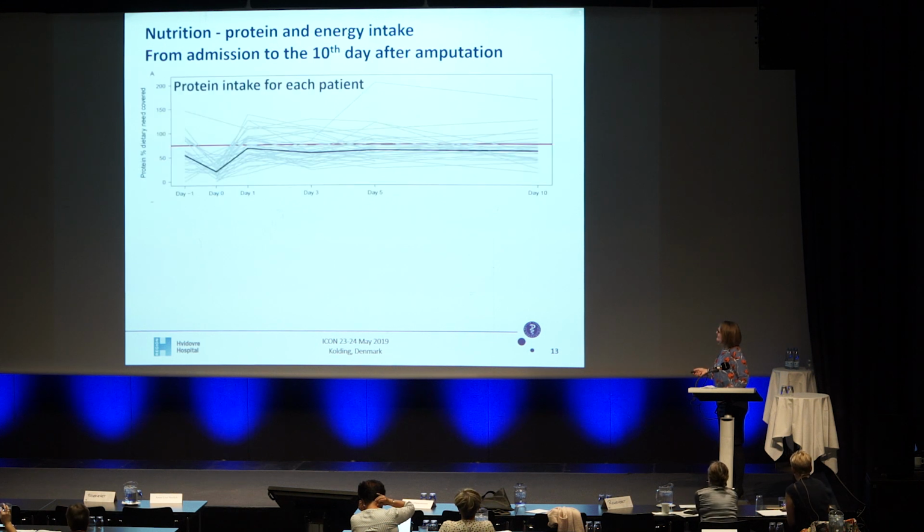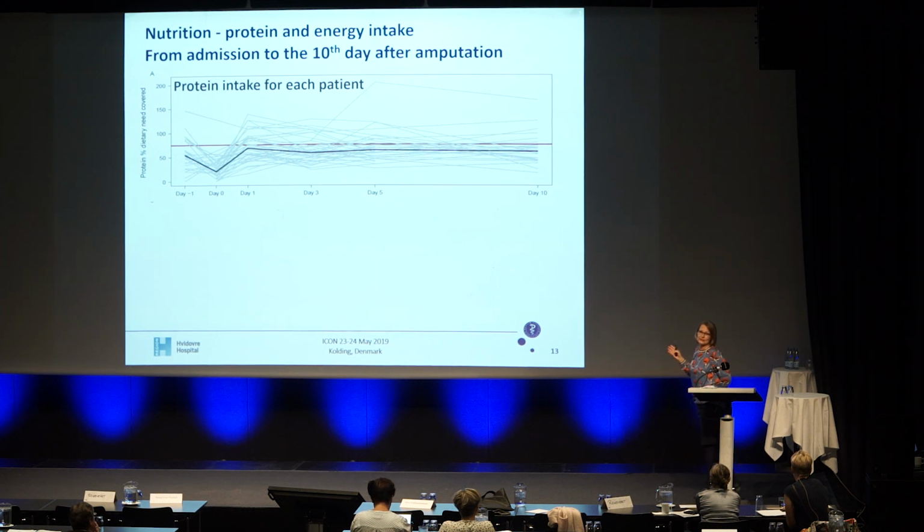And here we can see a graph where every green dot represents a patient, and you can see the protein intake. The red line is the 75% threshold where we like to be, and the bold line is the median.